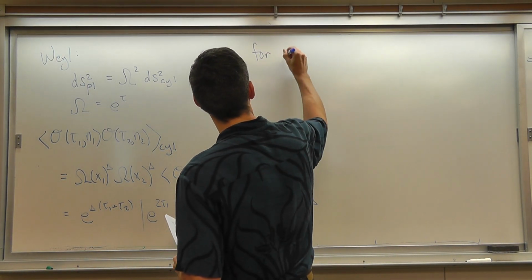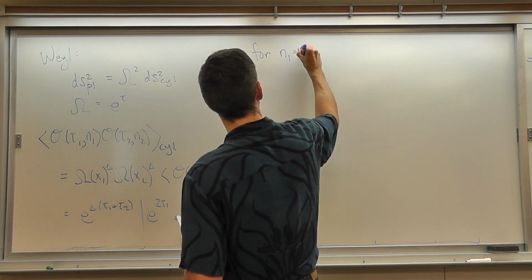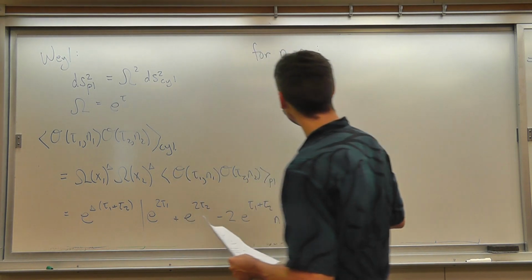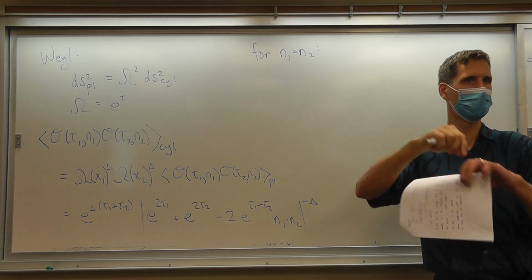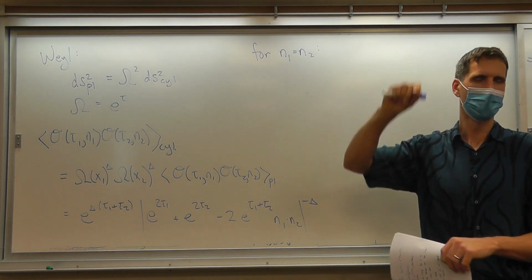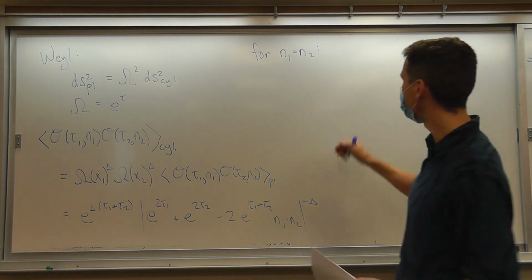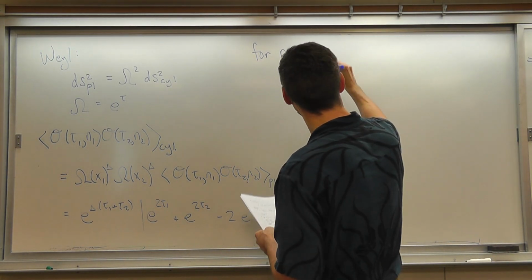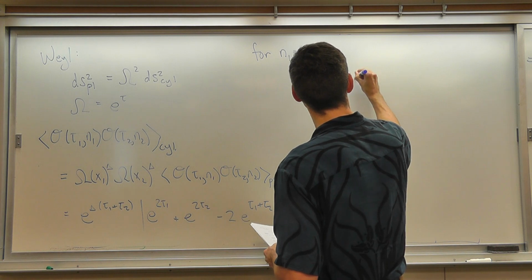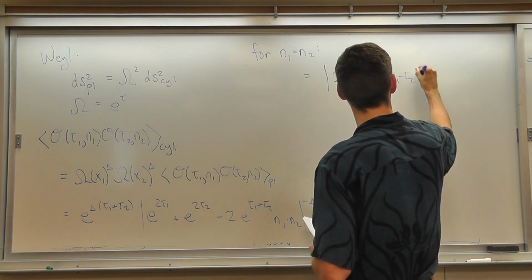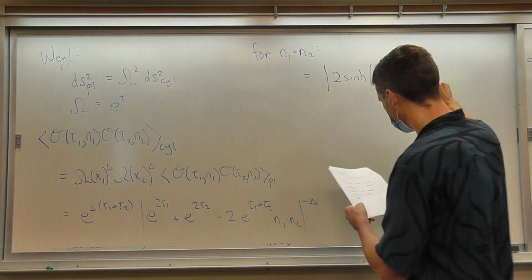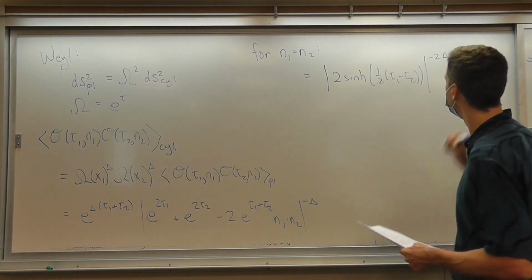First of all, for n1 equals n2, so let's just put these at the same point on the cylinder, so they're only separated in time. Then this simplifies to (2 sinh of a half of tau 1 minus tau 2) to the minus 2 delta.